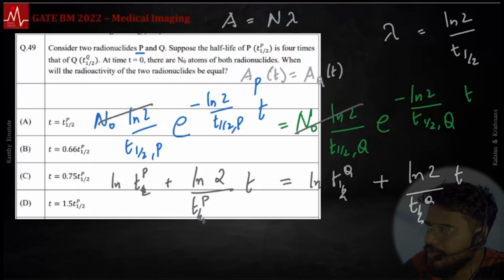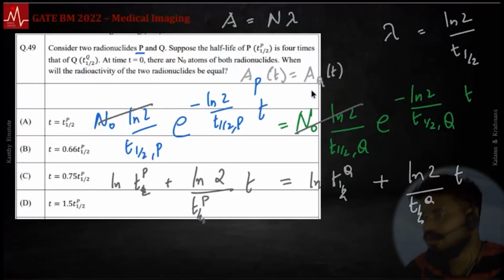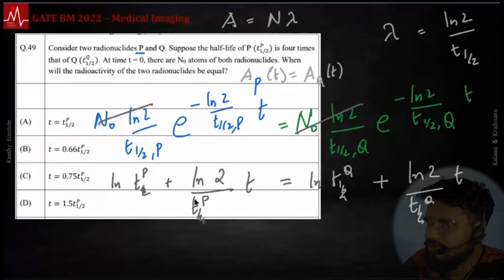Now we need this in terms of T half of P. So we have to do some calculation; roll with me here. We have to simplify this carefully.